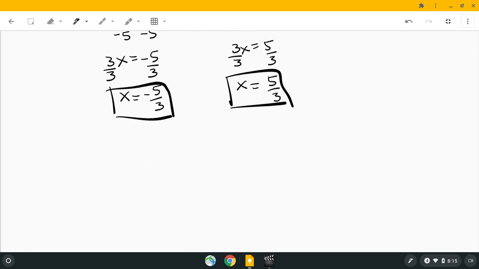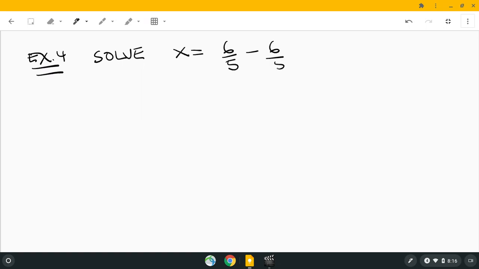Let's take a look at this one. Example number 4. Let's solve x equals 6 over 5 minus 6 over 5x squared. Fractions, right? That good old F word. Okay, clear fractions and multiply everything by the LCD.